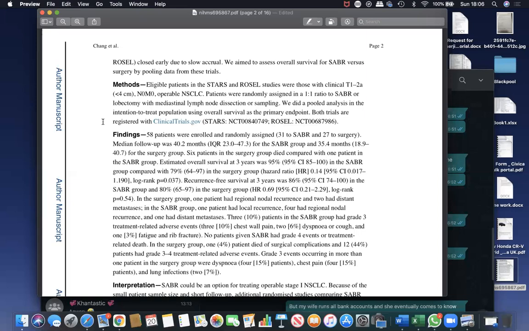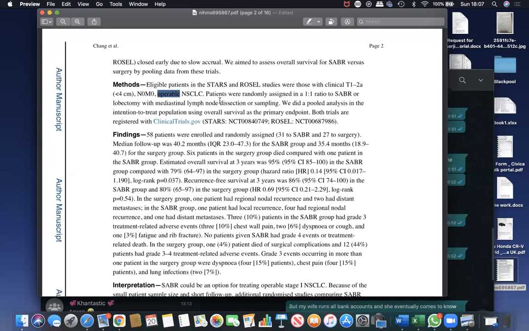Now critically appraise this methodology. Though I know it is still an abstract, critically appraise this methodology. Sir, first of all, they have clearly stated that they have taken only stage 1 NSCLC, but they have not mentioned who the eligible patients are.